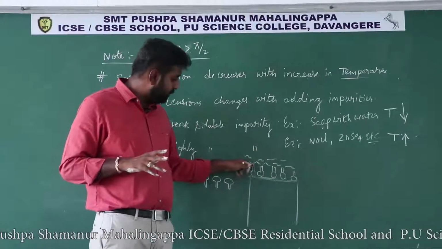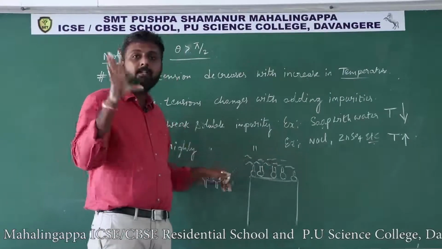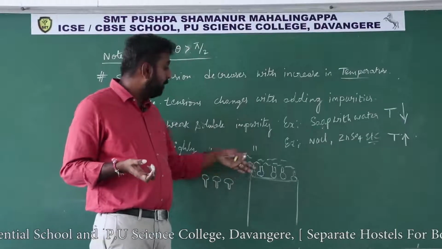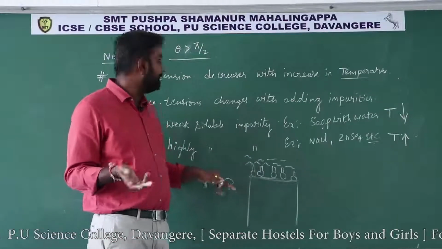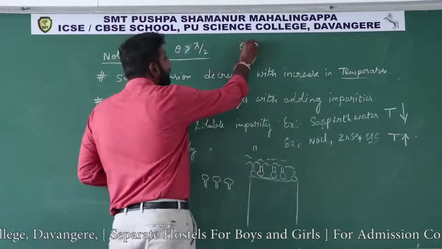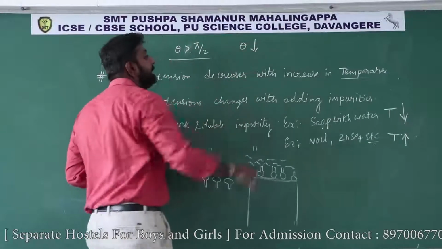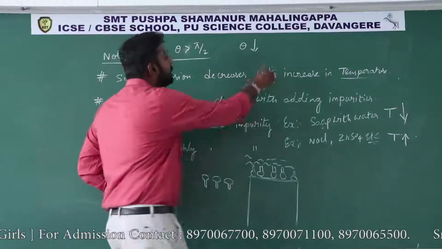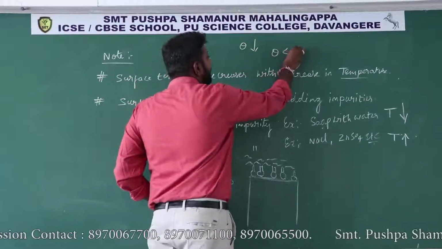Then it can move into each and every corner of that cloth. Not only that, by adding the soap, the angle of contact theta will decrease, which means theta becomes less than pi by 2.